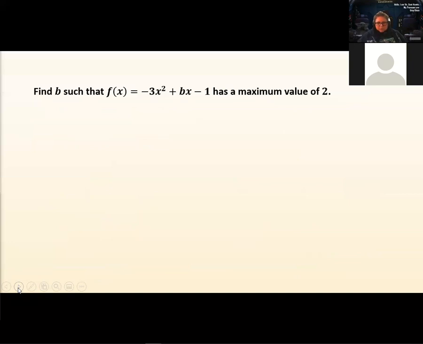This one's a little tricky, not gonna lie. We don't know what B is, and that's what we want to find. But there's specifics to B. We have to find B such that it has a maximum value of 2.